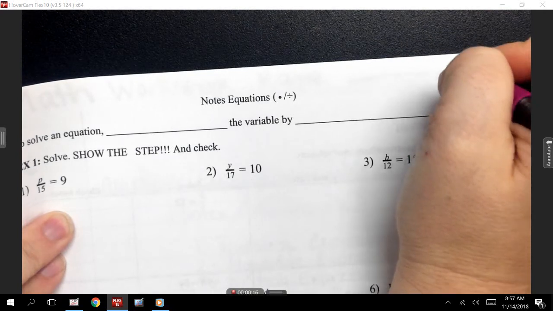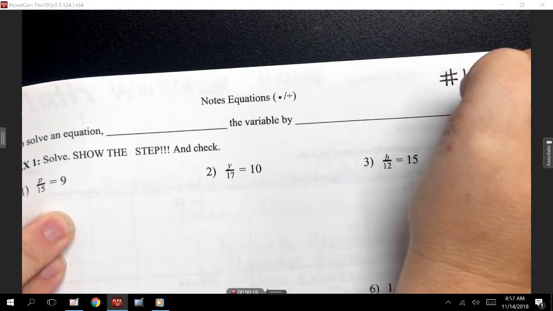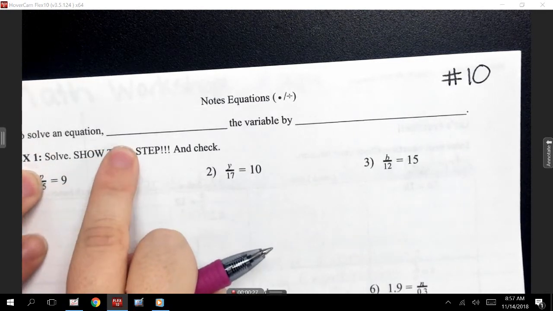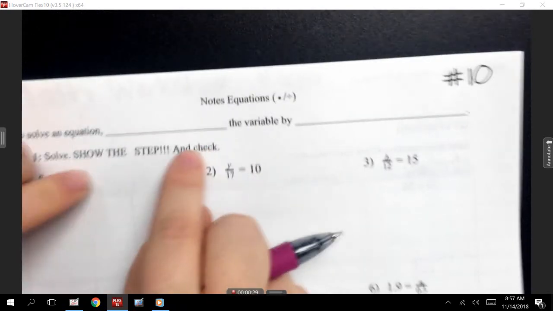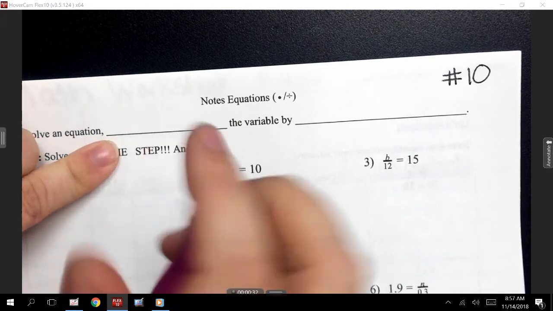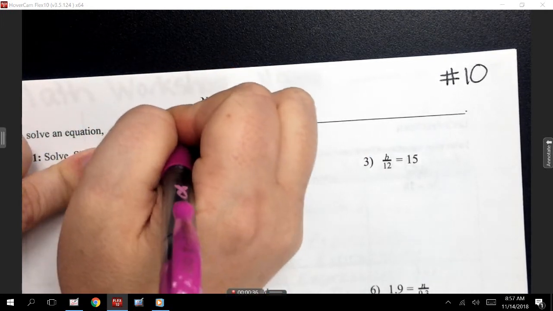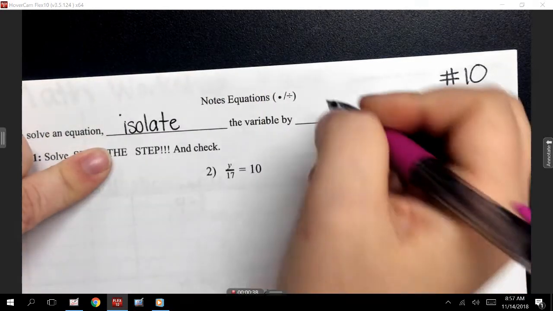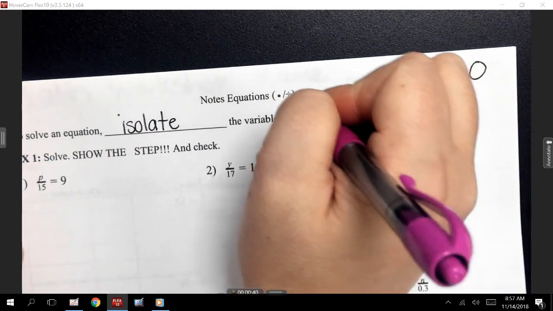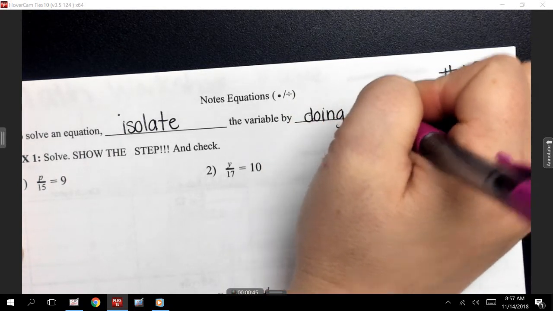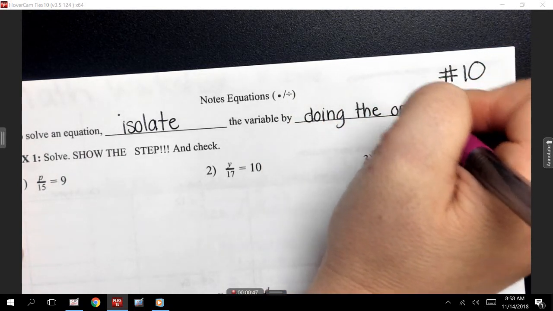Today's notes are going to be number 10. All right, on the very top part, this is actually kind of what we talked about yesterday. To solve an equation, we need to isolate the variable by doing the opposite.